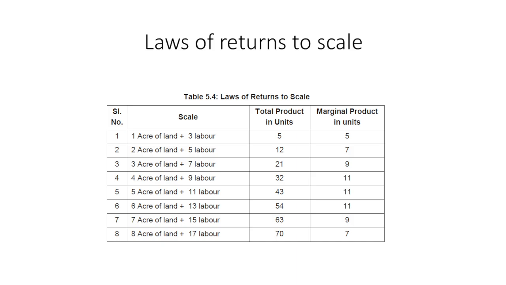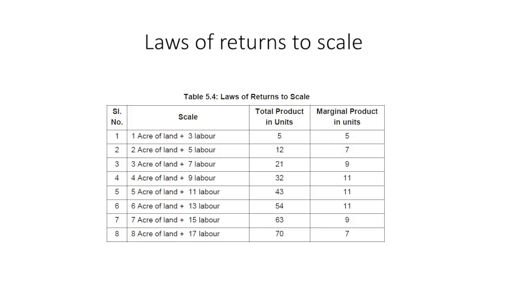See, 32 to 43, then 43 to 54, an 11 units increment each time. And subsequently, when more factor inputs are increased, 7 acres of land and 8 acres of land with the corresponding labor, there is a less than proportionate increase.